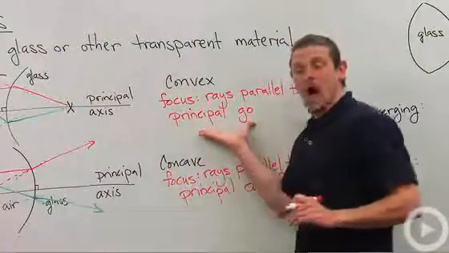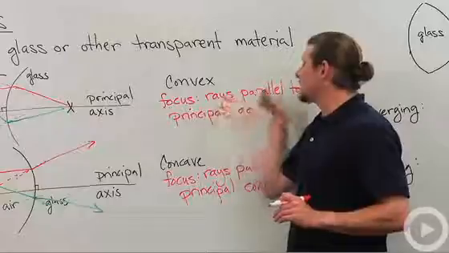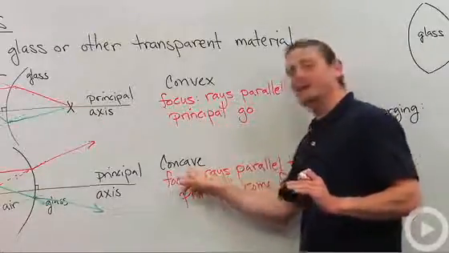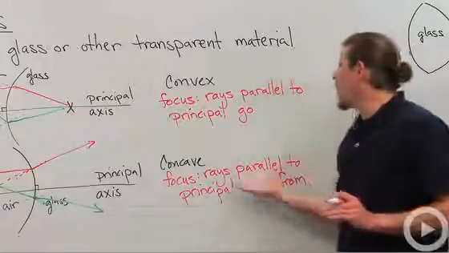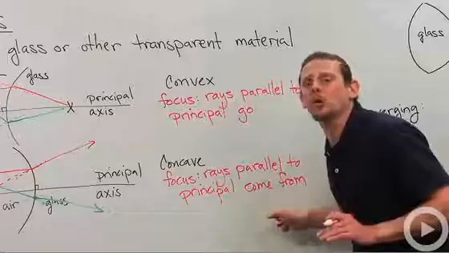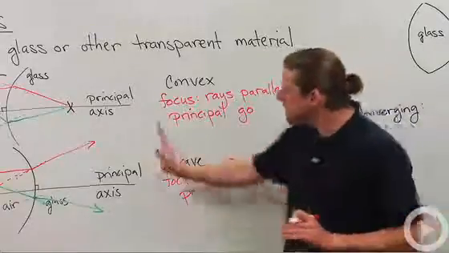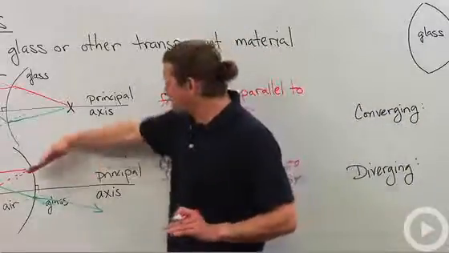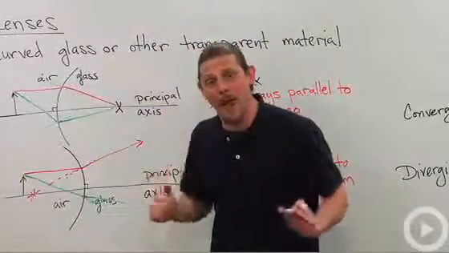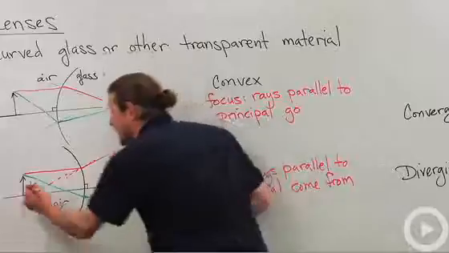So for convex, the focus is the place where rays parallel to the principal axis go. For concave, the focus is the place where rays parallel to the principal axis appear to be coming from. If I was looking on this side, I would see the light coming like that, and I would just continue that line straight back. And that would be where the focus is.